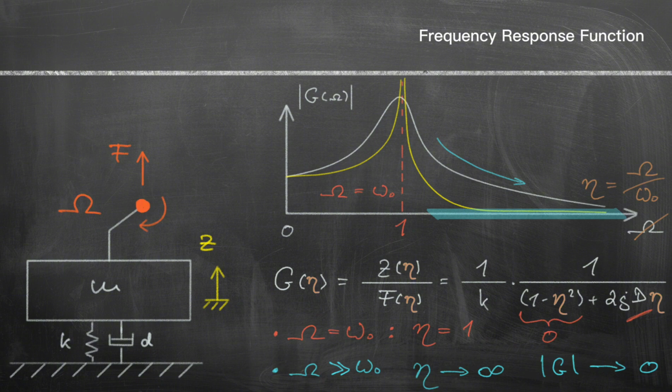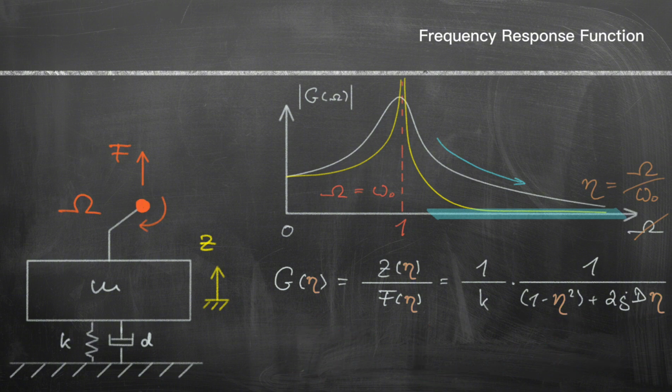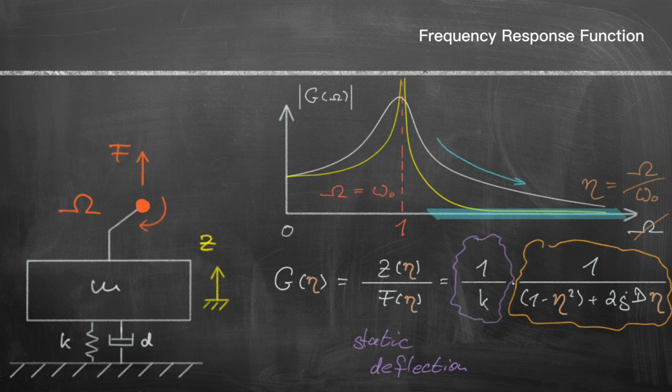The representation using the frequency ratio has another major advantage. The frequency response function is divided into two factors. The first is solely the static deflection, 1 divided by k. The second one is the dynamic magnification factor, which, multiplied with the static deflection, tells you how much more the system deflects due to the dynamic effects.